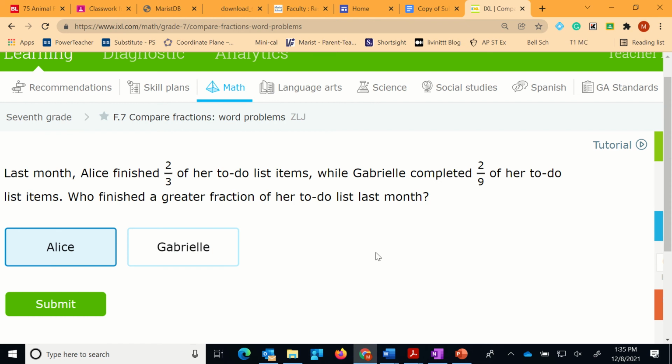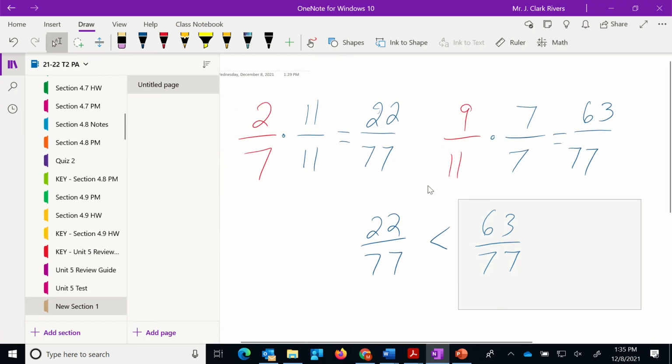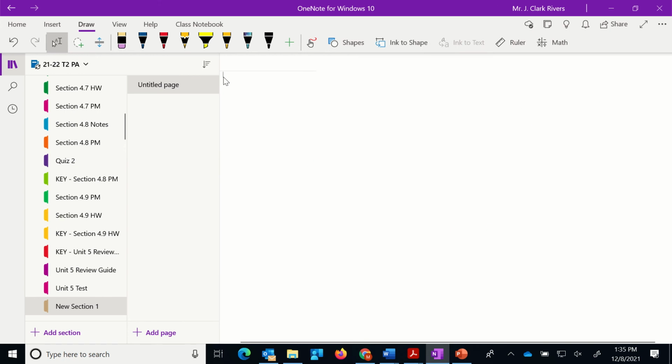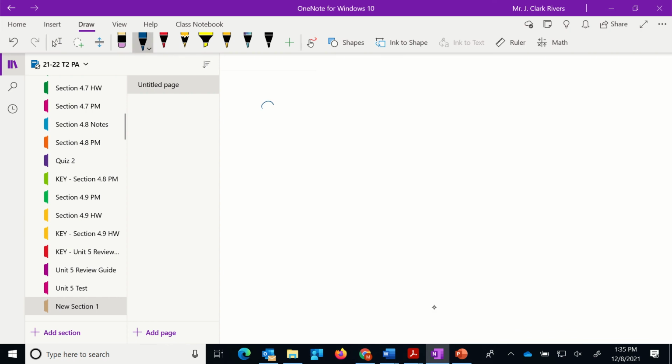Now let me show you how this can be done, like proving it out mathematically. So 2/3 and 2/9. We're going to find the LCD of 3 and 9. Well, what's the LCD of 3 and 9?